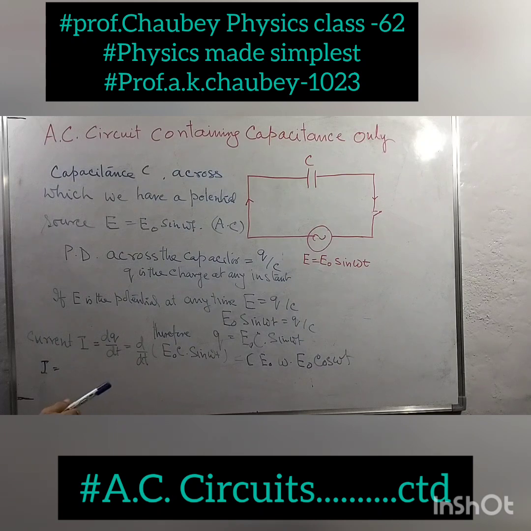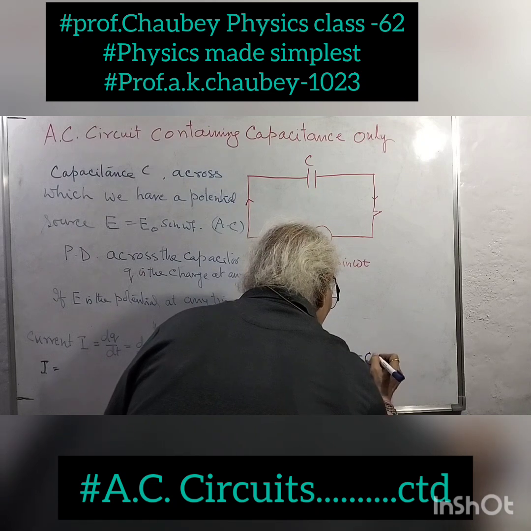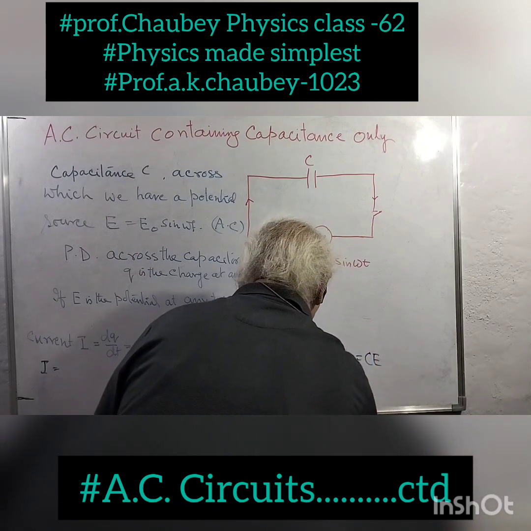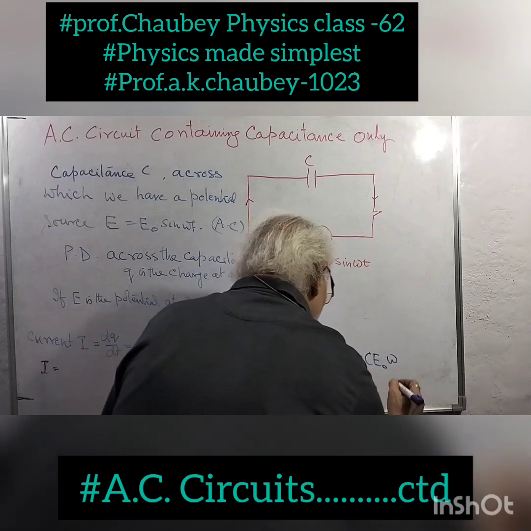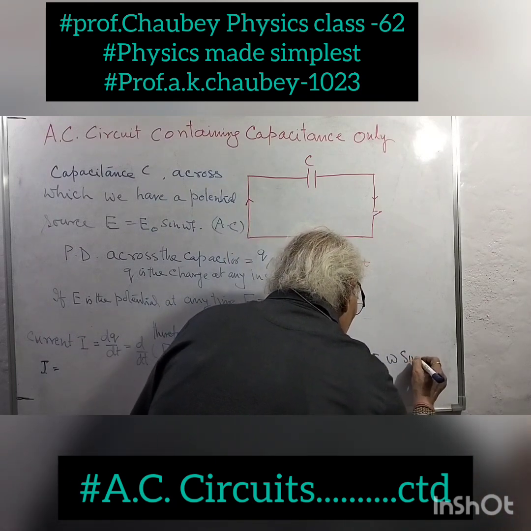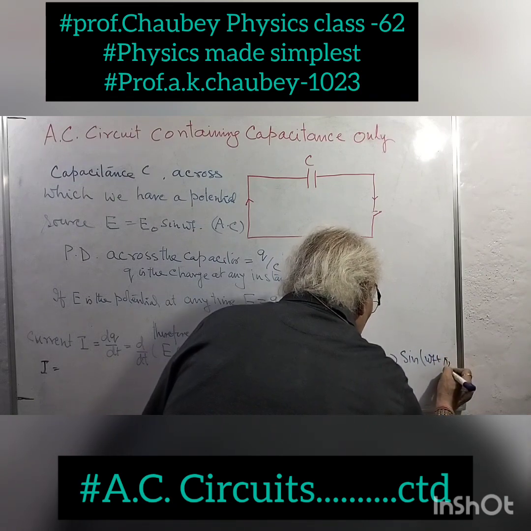So I is equal to E naught C omega cos omega t, and cos omega t means sin of omega t plus pi by 2.